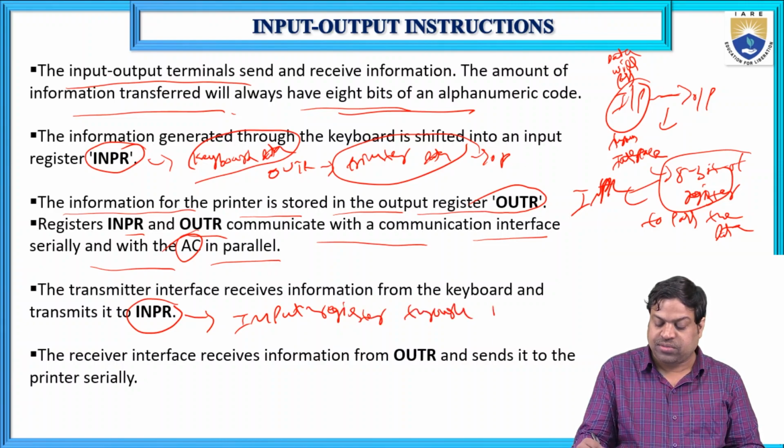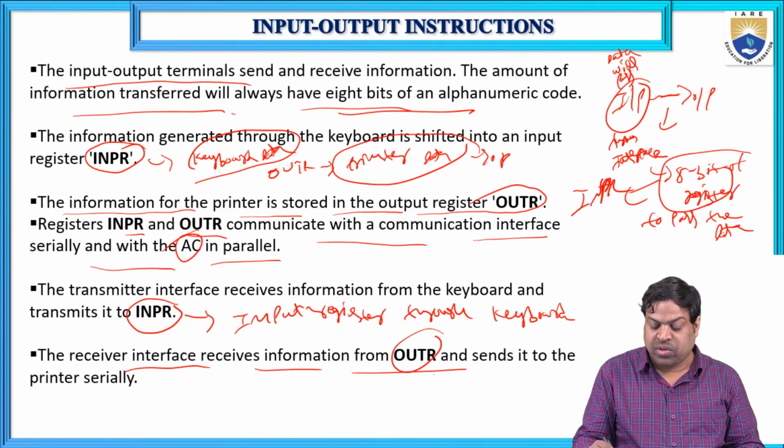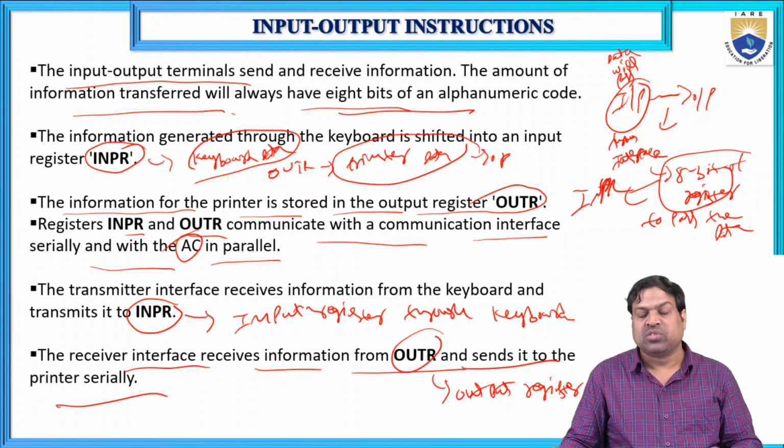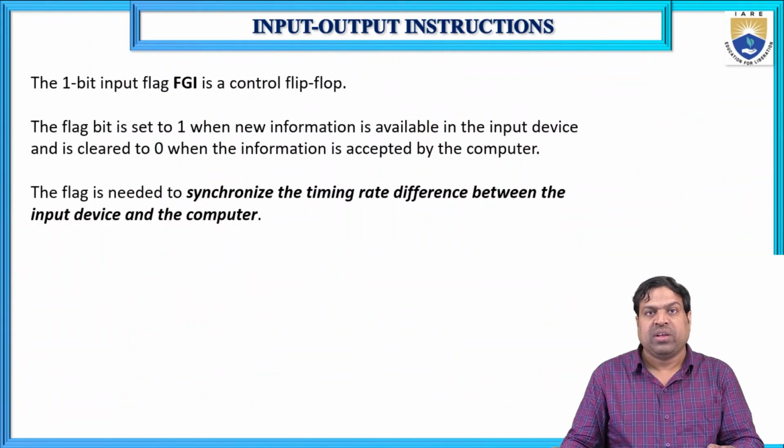The receiver interface receives the information from the output register and sends the information serially. So input is keyboard to INPR, input register, and output is OUTR, output register, to the printer.